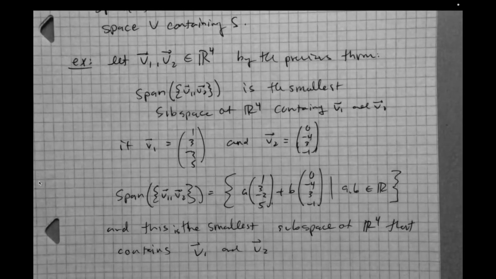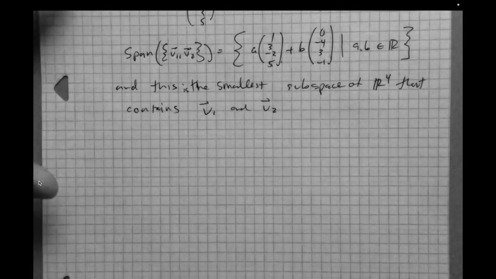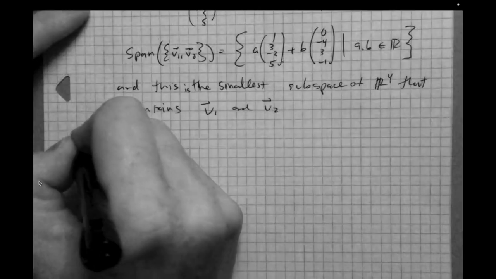I'm going to throw out one more theorem, and I'm going to leave this one to you to prove, but this is an interesting consequence of the last theorem that we discussed.